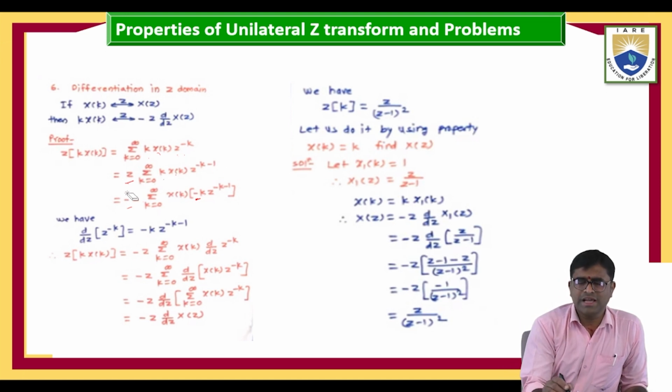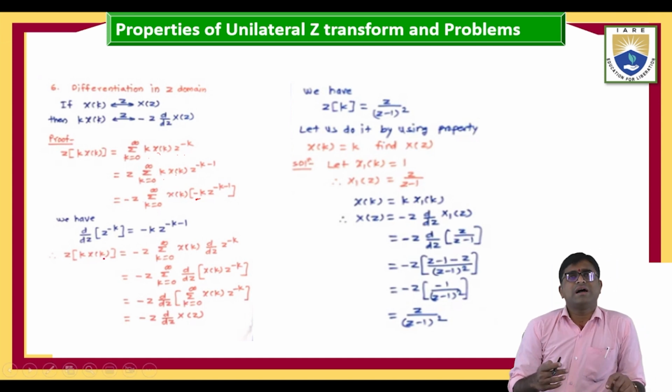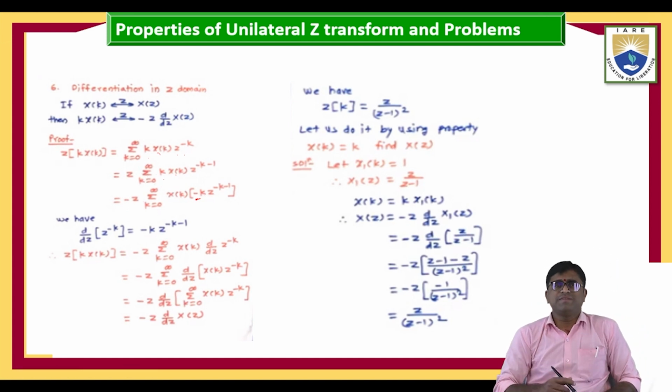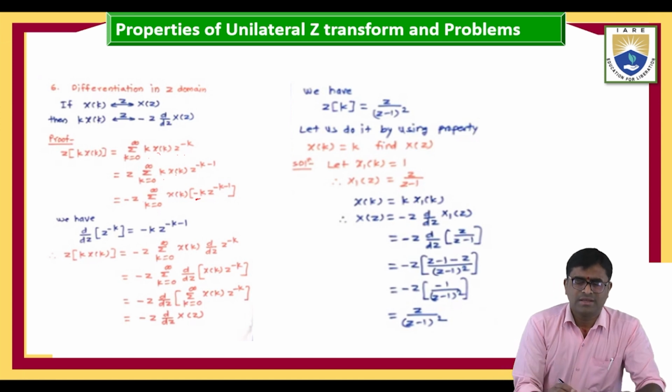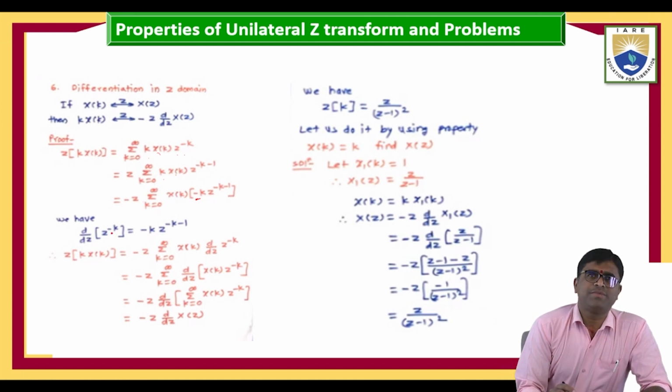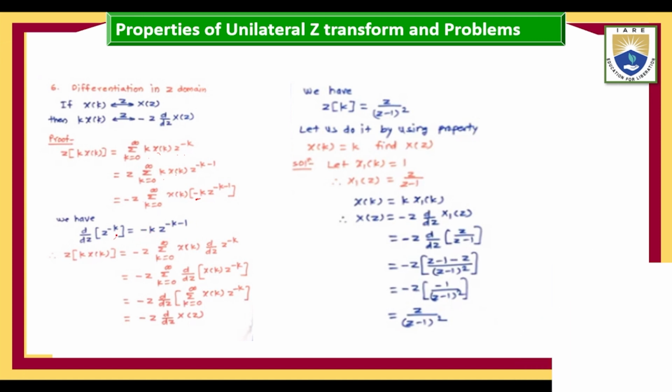Now I am going to the basic Z transform formulas, which I already explained in previous chapters. That is, the derivative of z power of minus k equals minus k into z power of minus k minus 1. Substitute these values into the above expression.